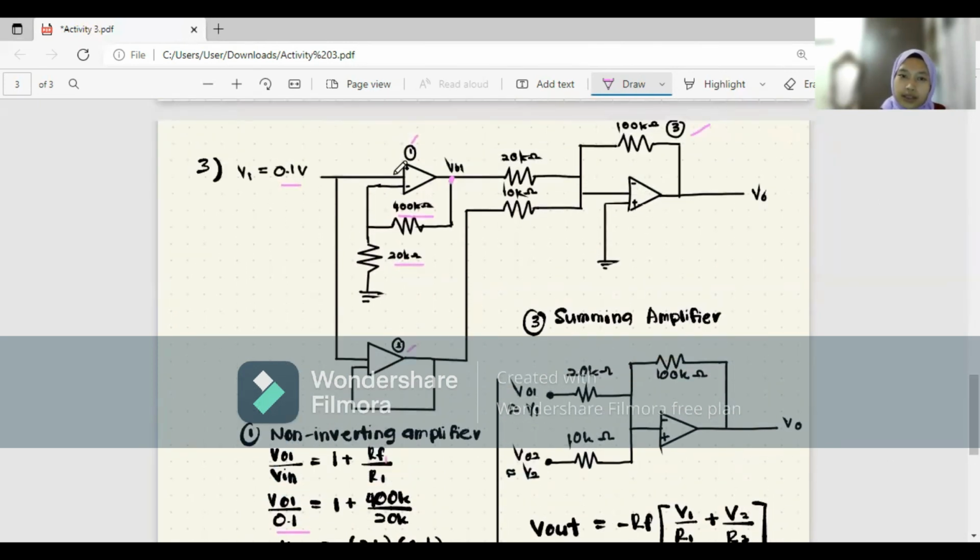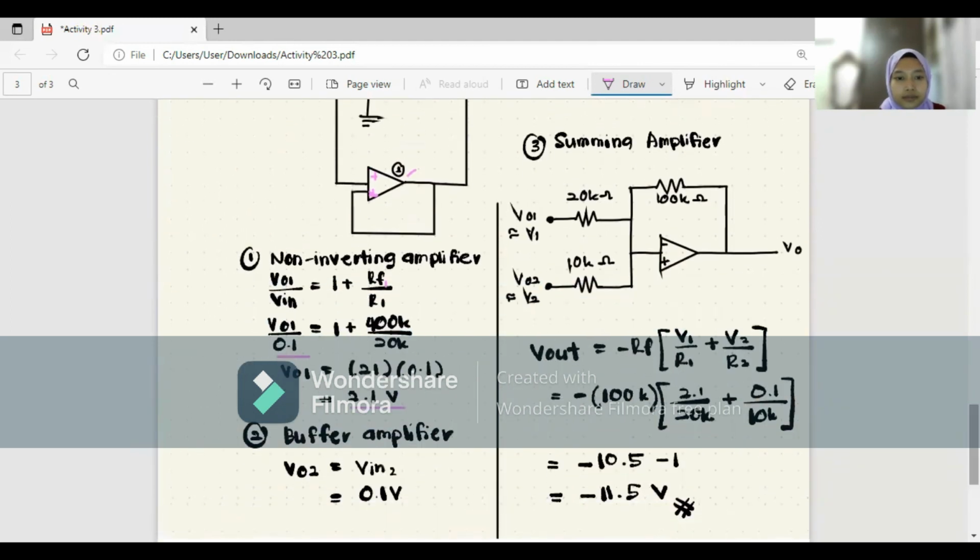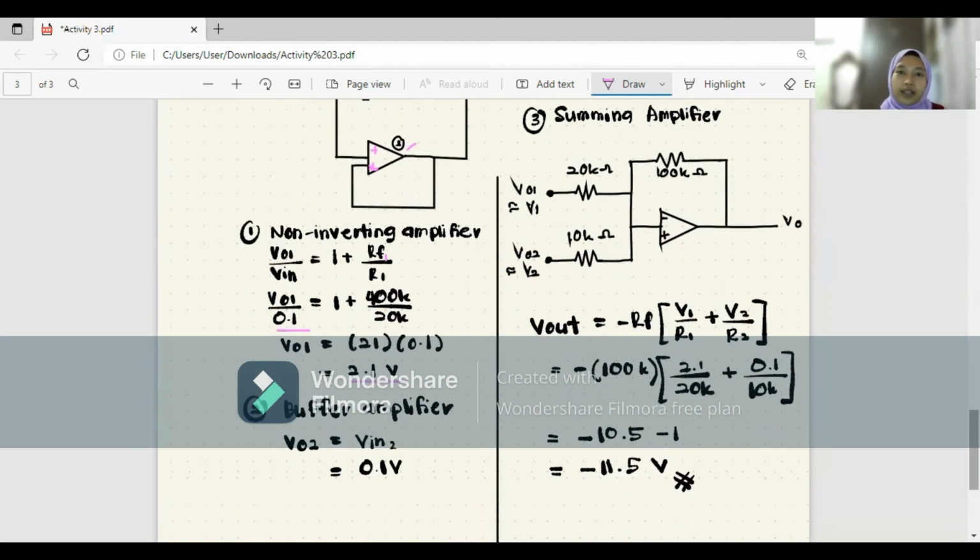So we're already done with the first amplifier. Now we move on to the second amplifier. The second amplifier is known as a buffer amplifier. As explained previously, for a buffer amplifier V output is equal to V input.